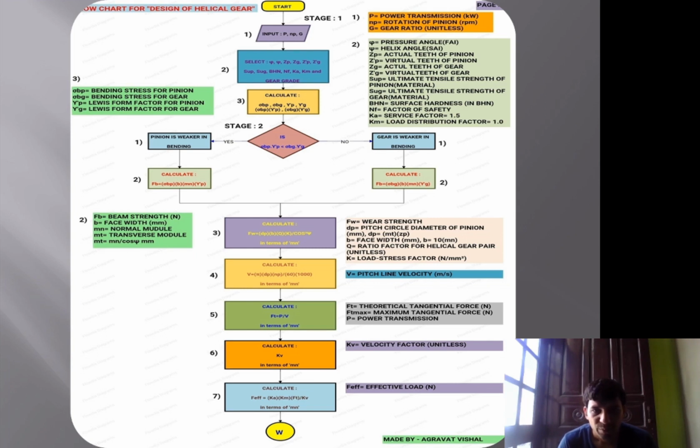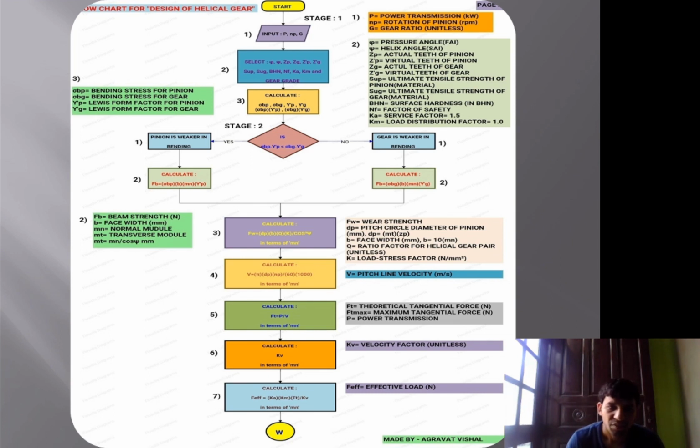After calculating WT, the theoretical tangential tooth load, calculate the velocity factor, denoted by KV, but in some books the velocity factor is denoted by capital CV also. The formula for CV or KV is taken from the design data book, according to the terms and conditions.